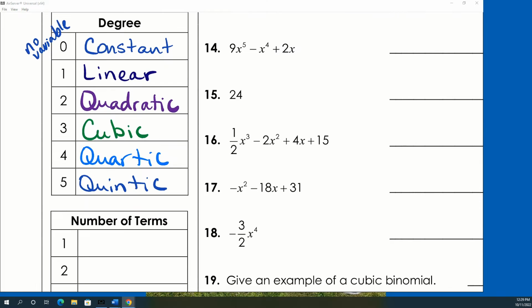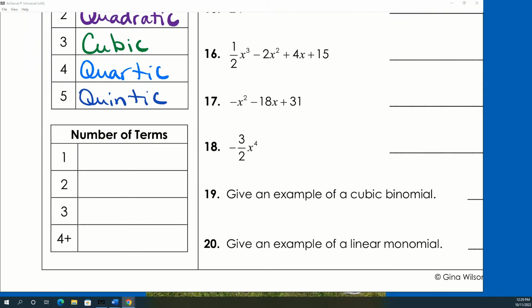Right? And then we can also classify by the number of terms. So yesterday we talked about them with one term. Do you remember what that was called? All right, that's a monomial. So what prefix do you think you use for 2? Mono is 1.